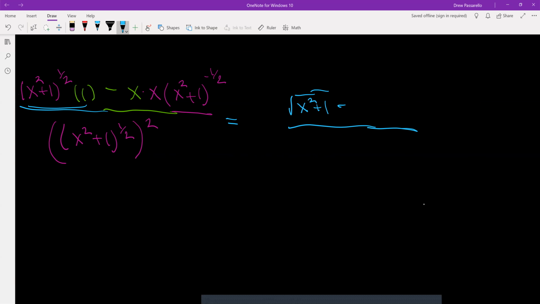I have x squared up top, and on the bottom is x squared plus 1 to the 1/2. That makes that negative exponent positive. But we know raising it to the 1/2 is the same thing as taking the square root, so I could write this as the square root of x squared plus 1 in the denominator.